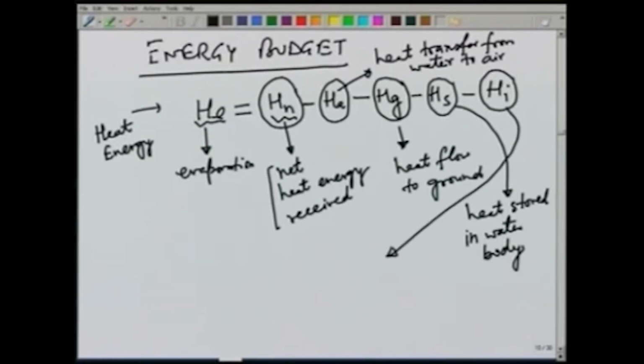So the energy budget relates the energies which are used for different purposes. He, as we have seen, is for evaporation, Hn is the net energy received, Ha transferred to air, Hg transferred to ground, Hs is stored in the water body, and Hi is advected through water.